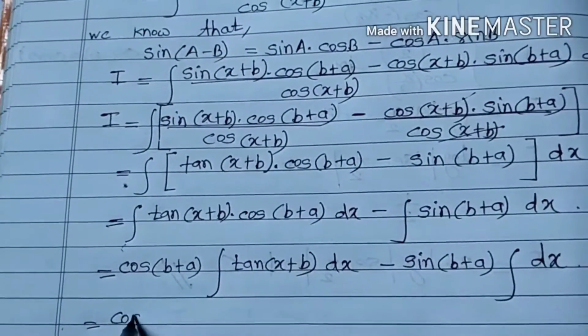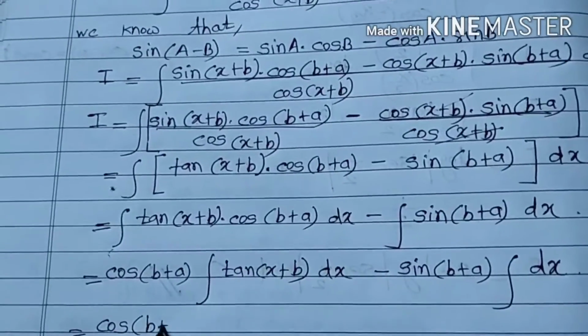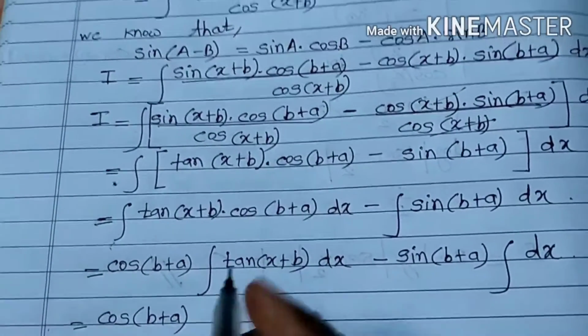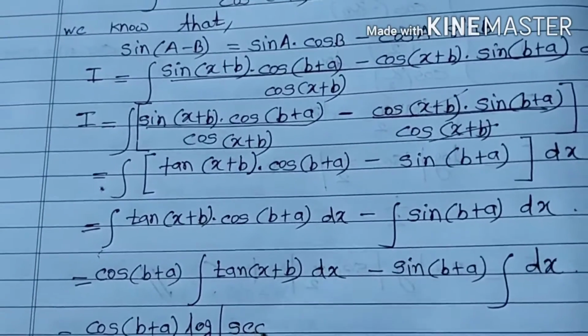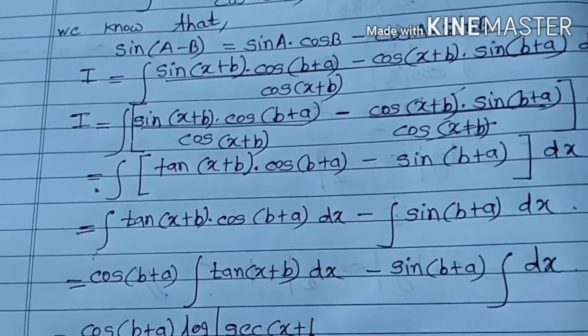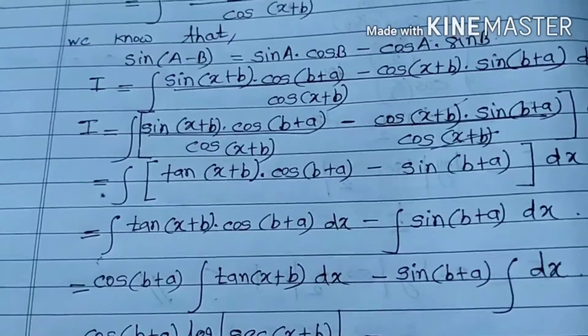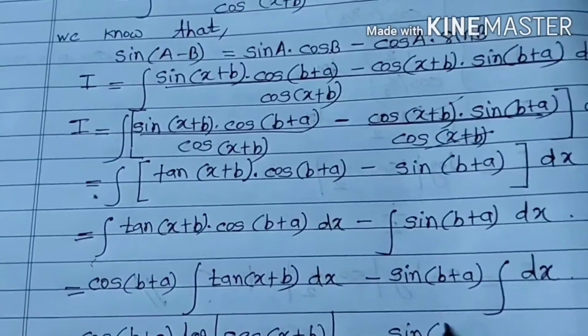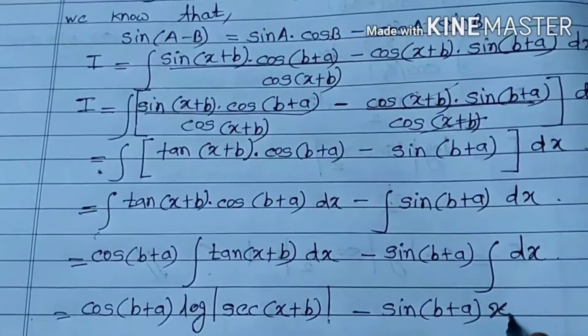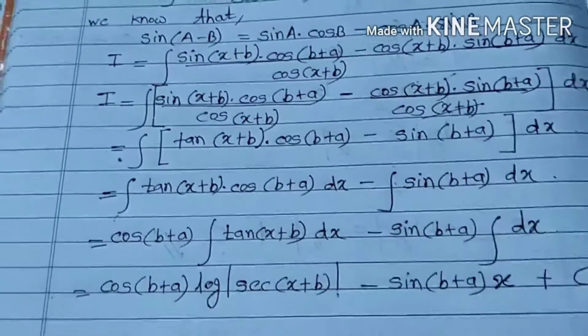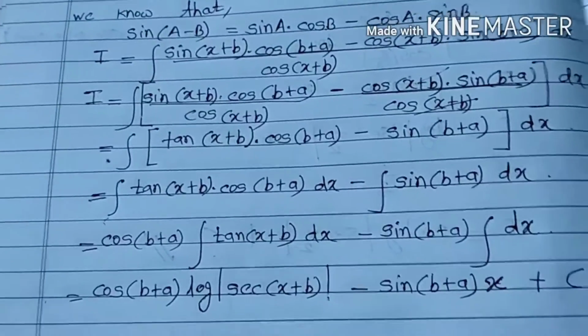So cos b plus a as it is, integration of tan is log of sec, so sec x plus b minus sin b plus a as it is, integration of dx is x plus c.